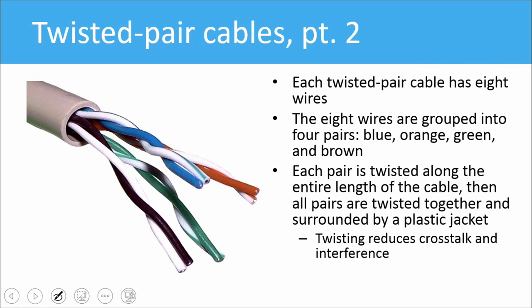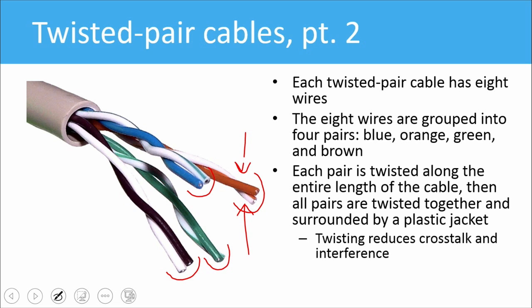All right, part 2 of our twisted pair journey. Each twisted pair cable has 8 wires, and those wires are grouped into 4 pairs. Notice here we have a brown pair, a green pair, a blue pair, and then an orange pair. Notice that within each pair you have one that's solid, and then you also have one that you would call striped, right?